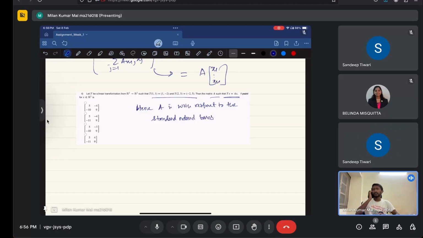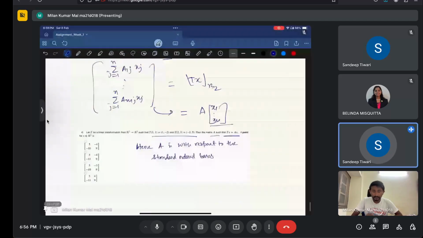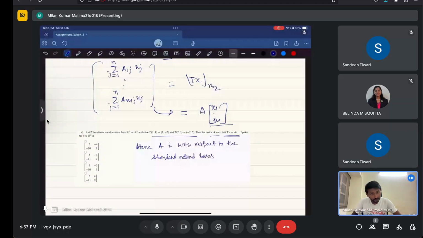If we are not giving some order, then we are not able to write this in column matrix form, because of the order. If we are not considering the standard ordered basis, then we will not get Tx equals Ax.